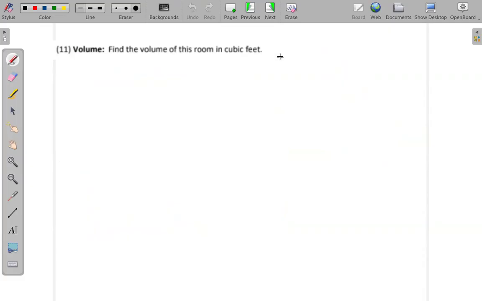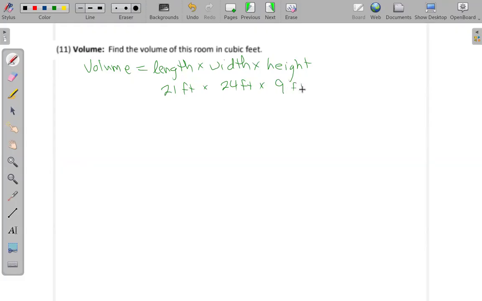We want to find the volume of the room in feet cubed. Well, we've converted everything, so that's not bad. Volume is just length times width times height. And we measured for the classroom a length of 21 feet times a width of 24 feet times a height of 9 feet.